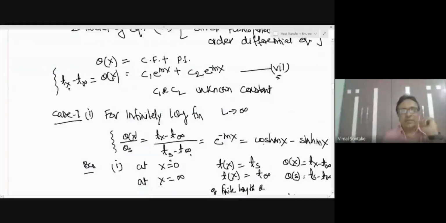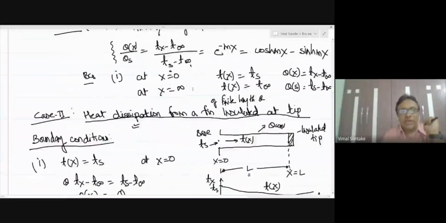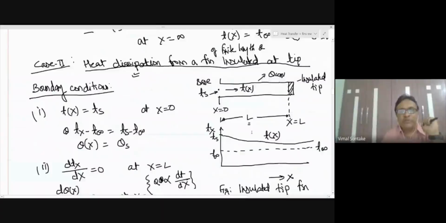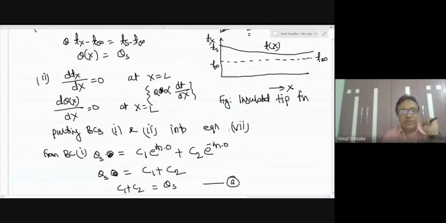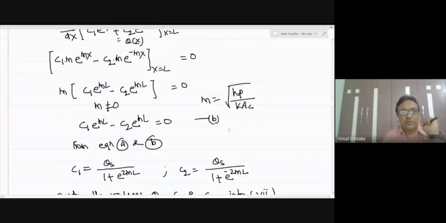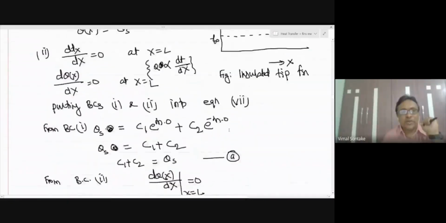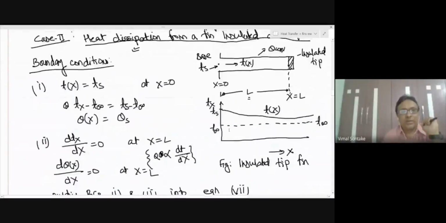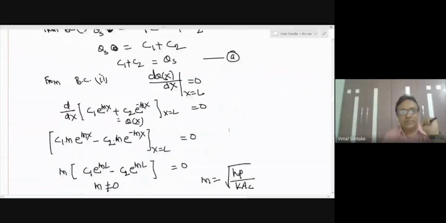Then this is its solution, equation number 7, as you can see here. Then for case 1, for infinitely long fin, the derivation is on some other page. Then for case 2, heat dissipation from a fin with insulated tip, that is also on another page, it is here.